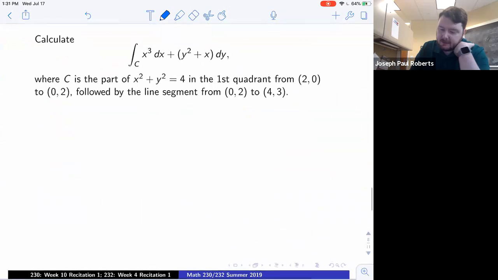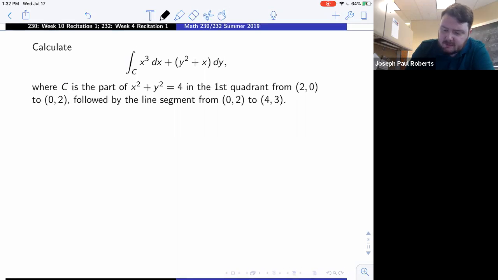So calculate the integral of x cubed dx plus y squared plus x dy, where C is the part of a circle in the first quadrant and then a line segment. So the first thing, like I said in the previous example, I always like to figure out which type of calculation this is.